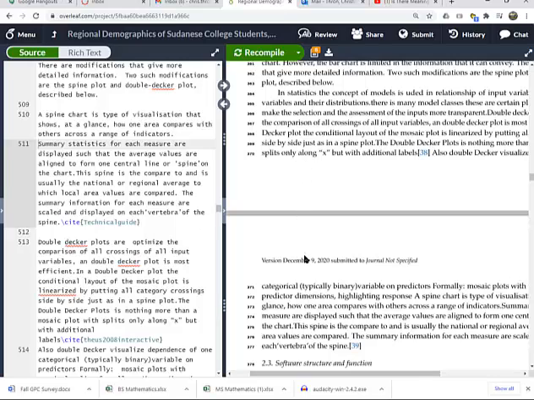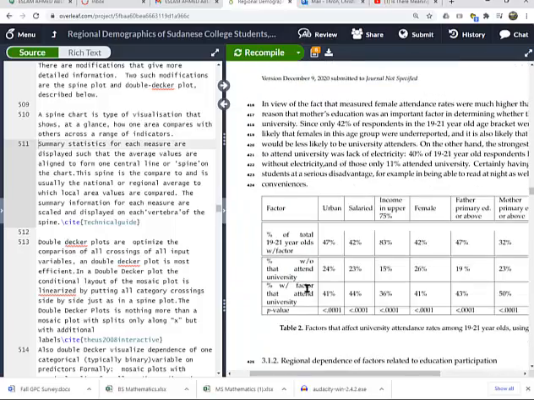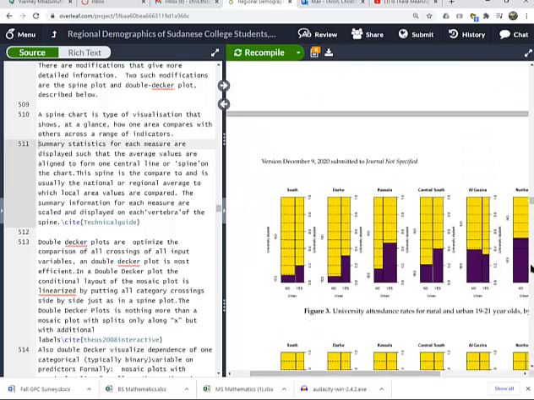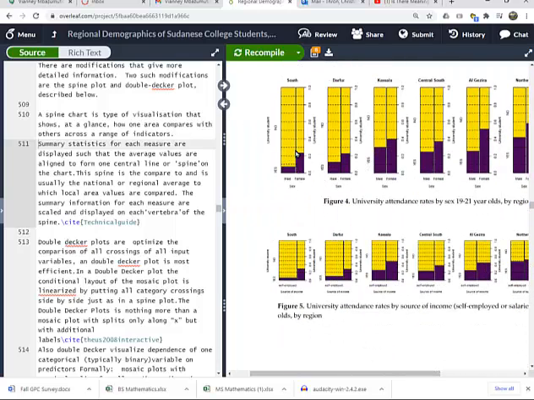So what can you see about a spine chart that is different from a bar chart? The big difference: it looks like a bar chart, but the bars have different widths.